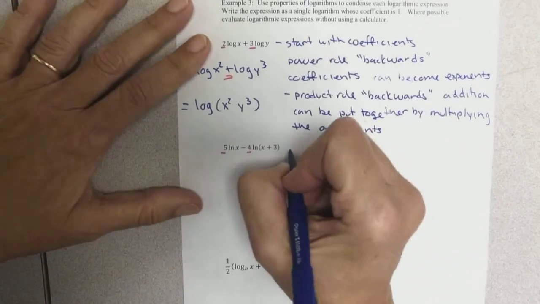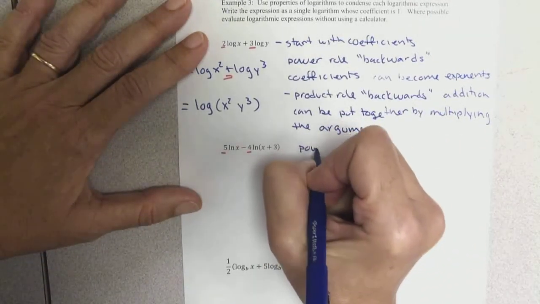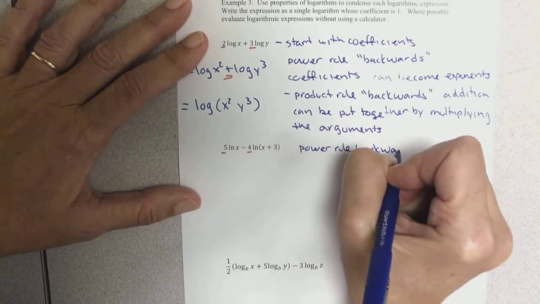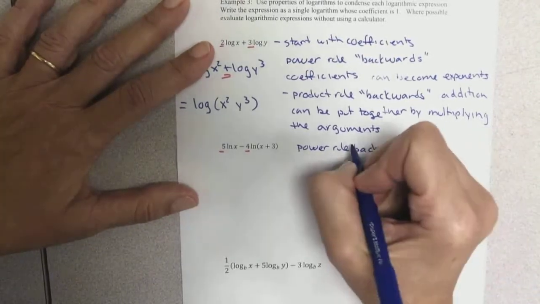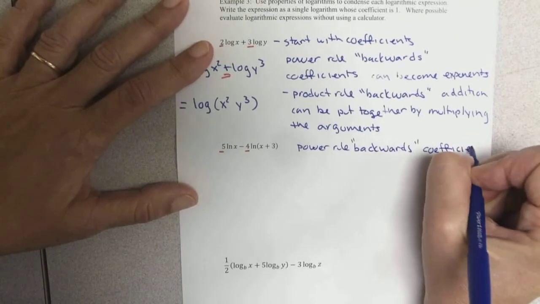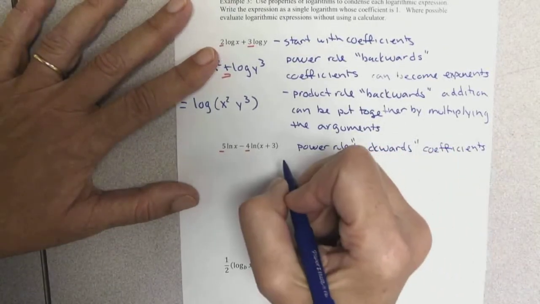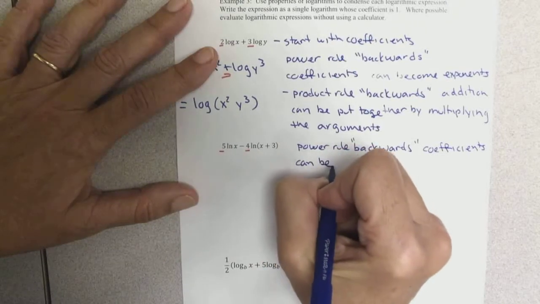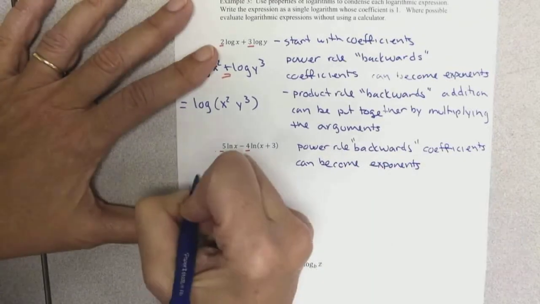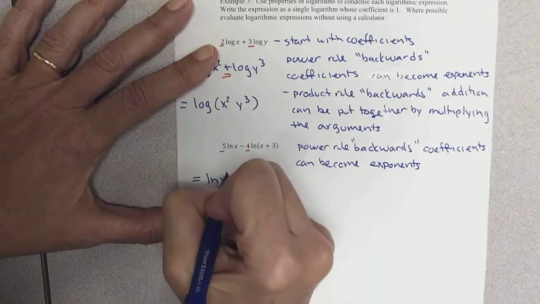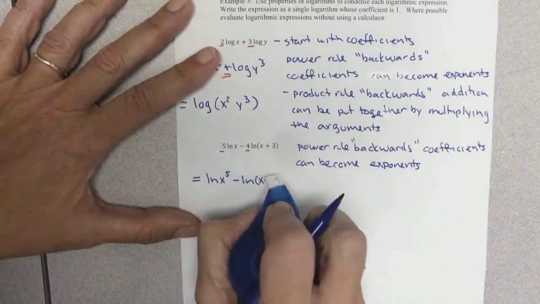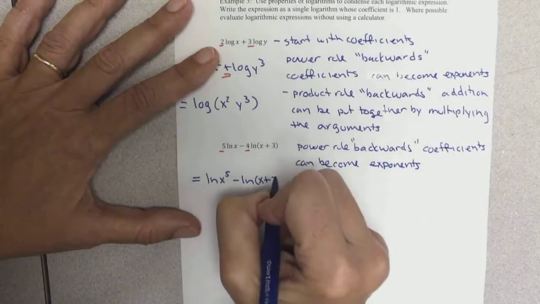So again, power rule backwards: coefficients can become exponents. So this becomes natural log of x to the 5th minus natural log of x plus 3 to the 4th.